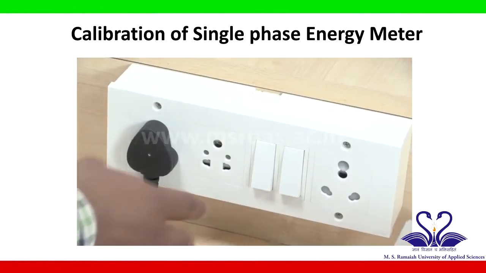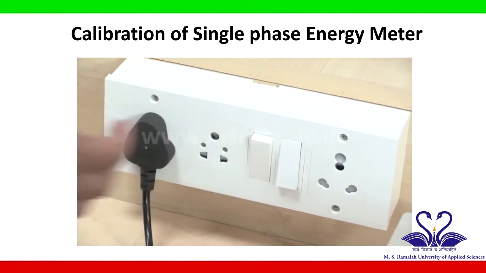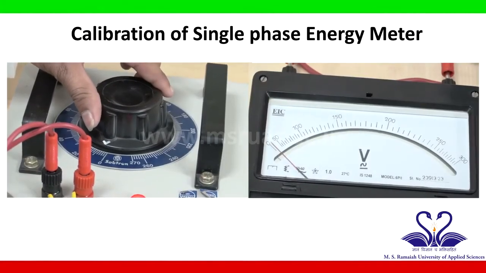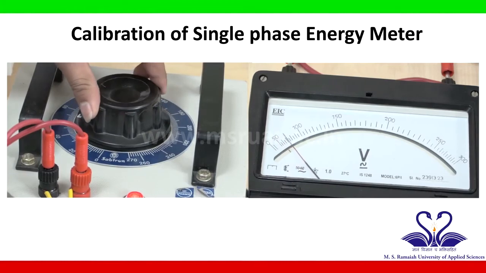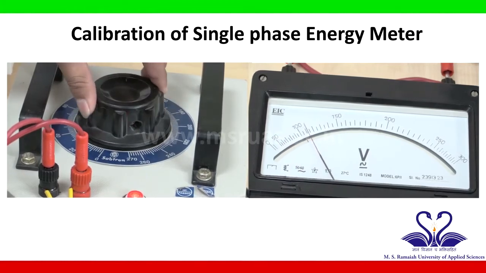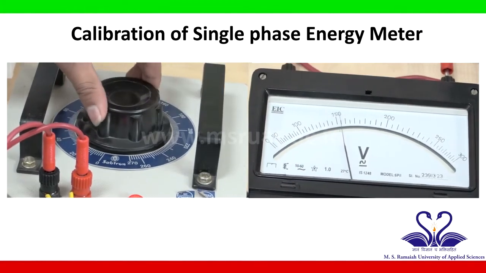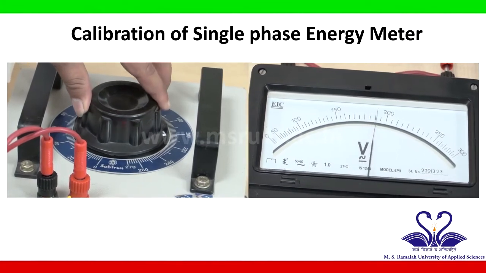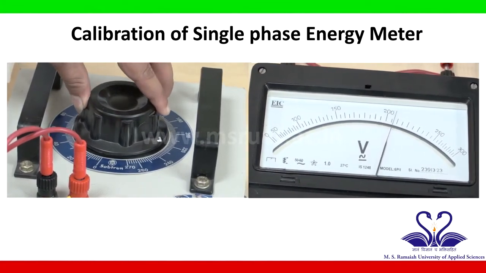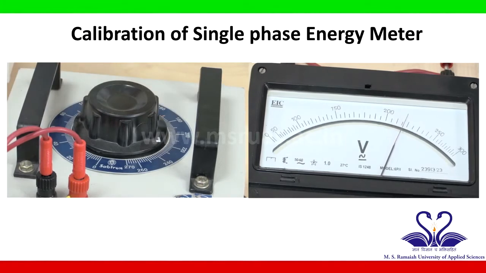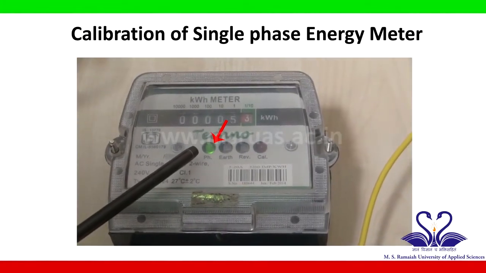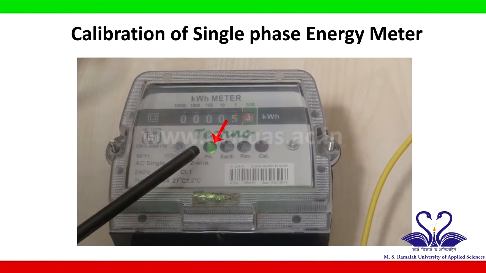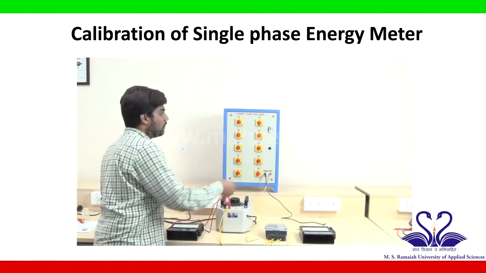Now we will turn on the supply and apply 220 volts seeing voltmeter. Once supply is given, green LED starts glowing. We will turn on the load.